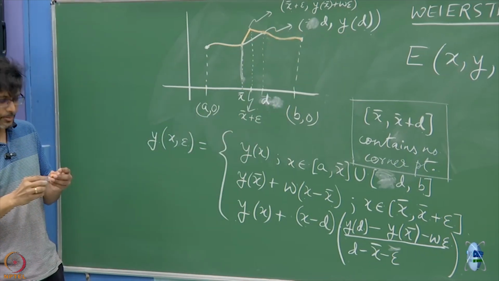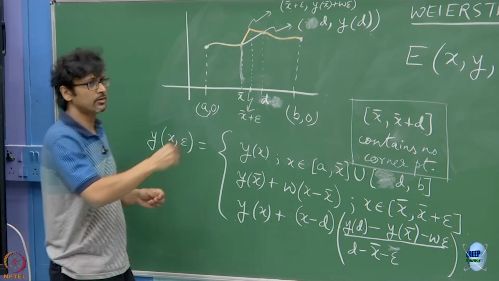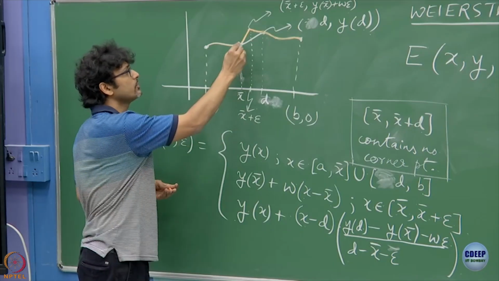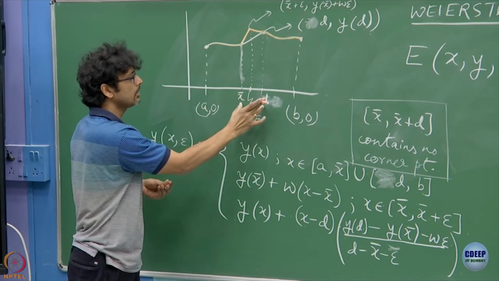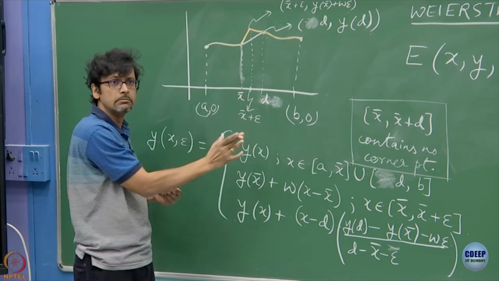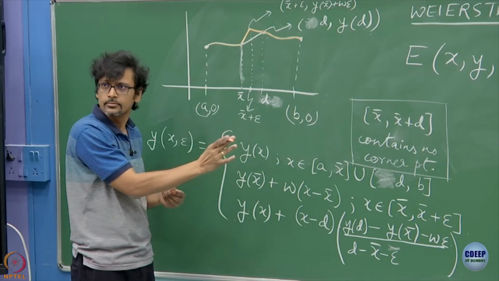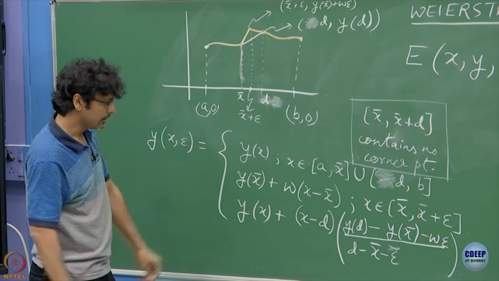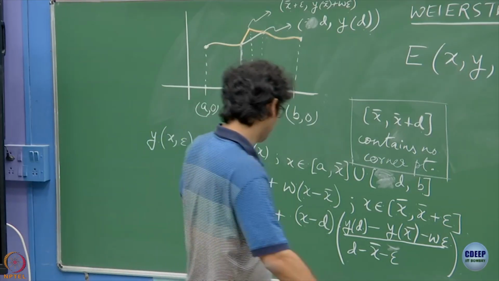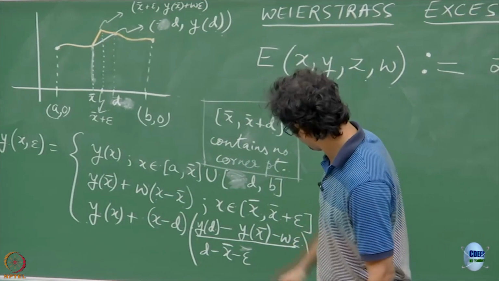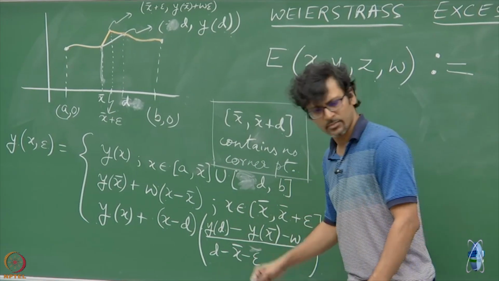So everything that's happening to this perturbed curve different from the original curve is within this interval between x bar and d. That's the only portion where things are a little different. Everywhere else it's all the same. I hope the expressions are correct here, right? Okay.